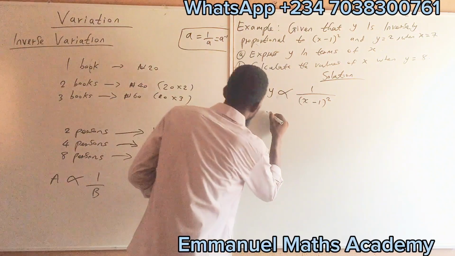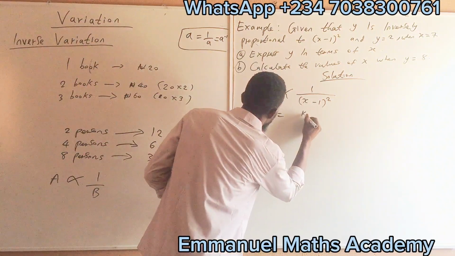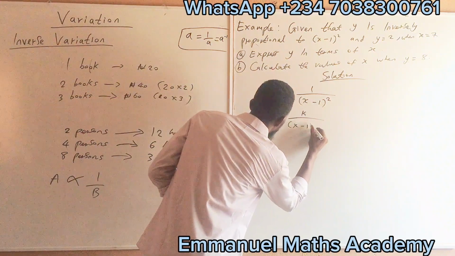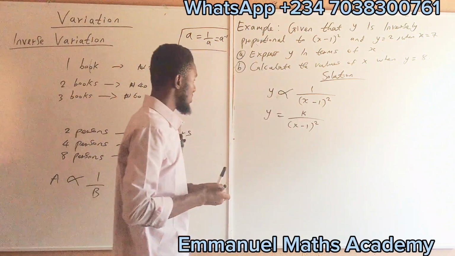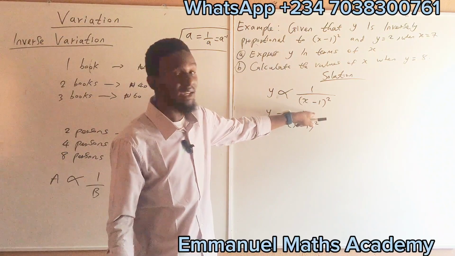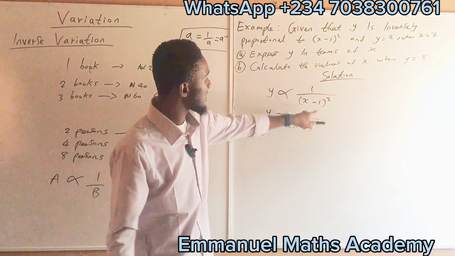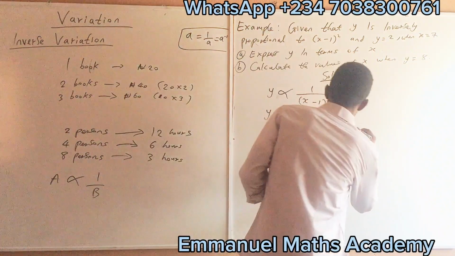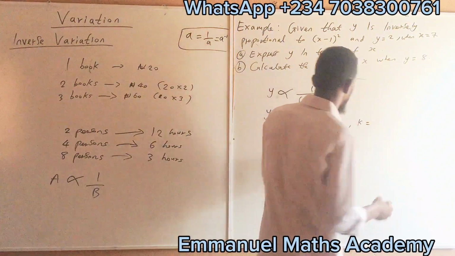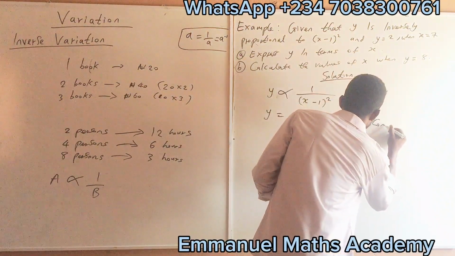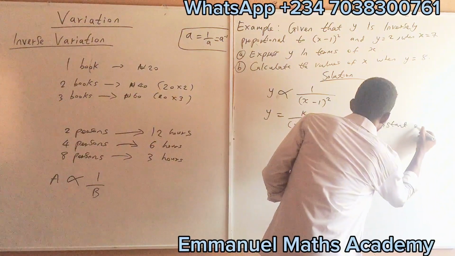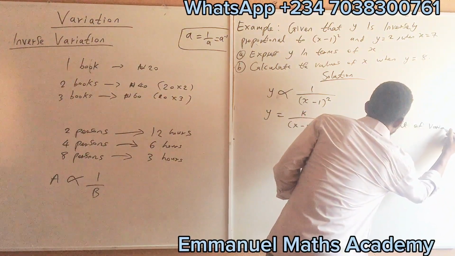Now the equation becomes y equals k over x minus 1 squared. For the equation, you now introduce k, where k is the constant. K is the constant of variation. You can just take note of this.